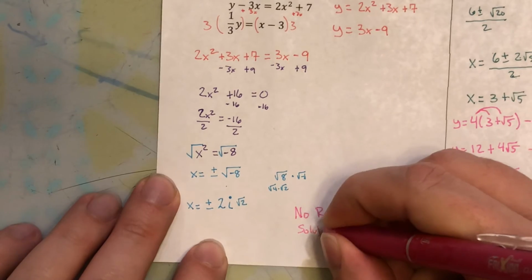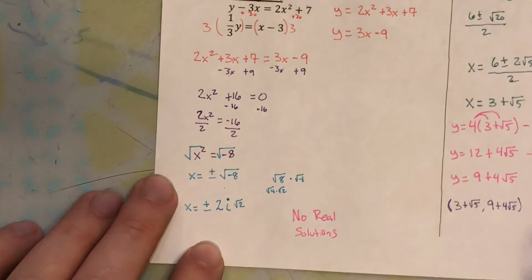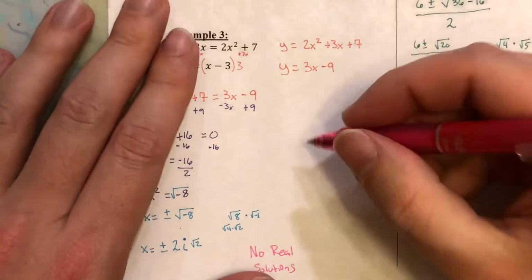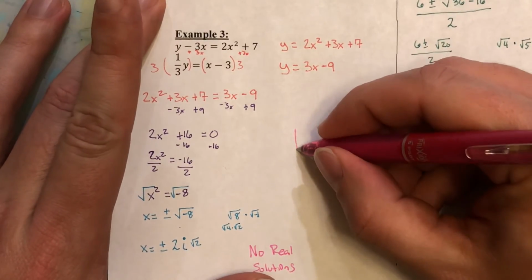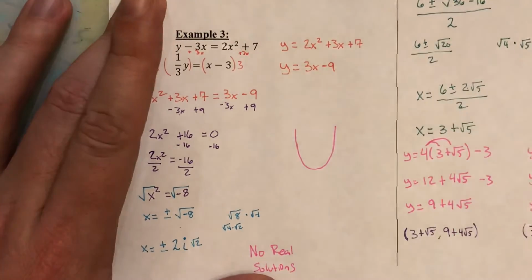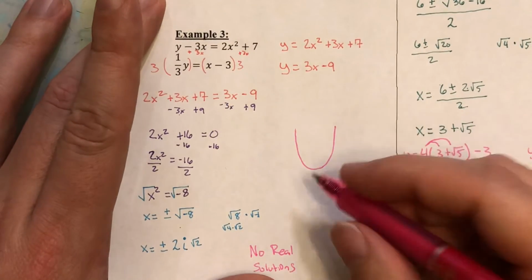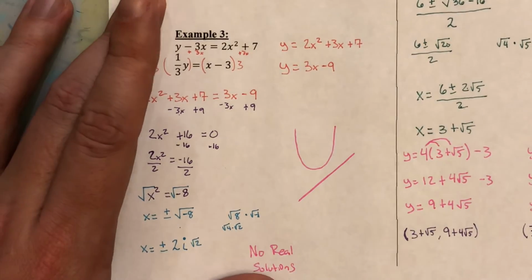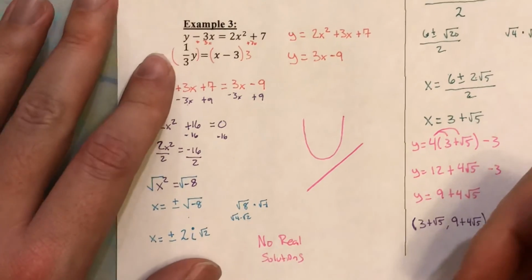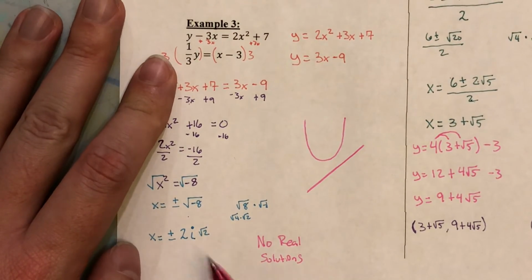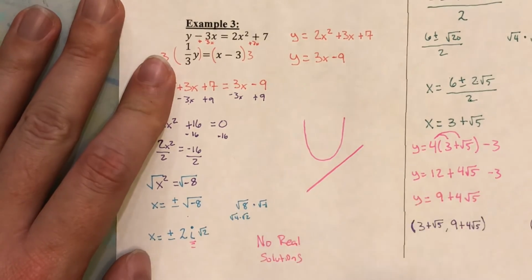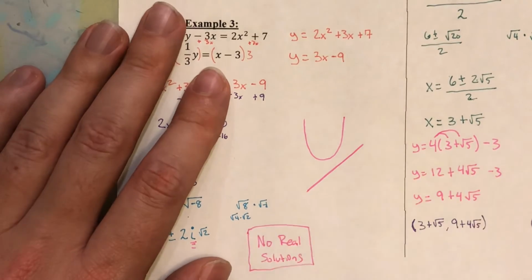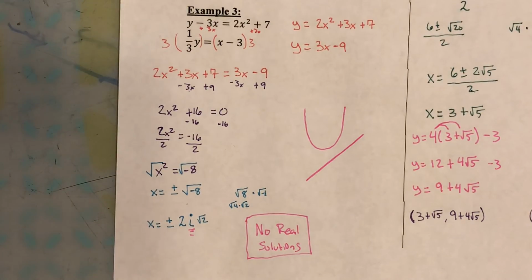If we saw this graphically, we would have our parabola, and then the other line would miss it entirely. The two never cross. This is a no solution situation. So if, when you solve for x, you have the imaginary number, that is what tells you there are no real solutions, and that's all you need to do.